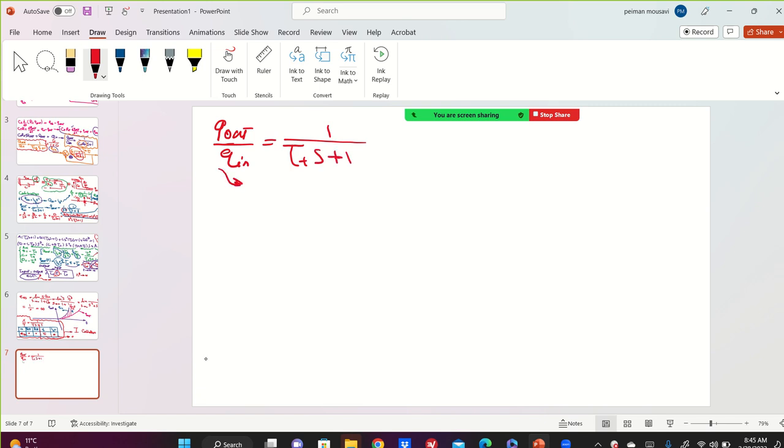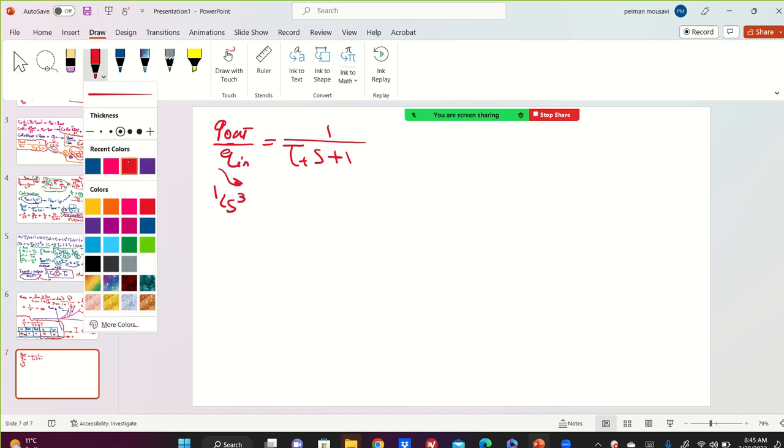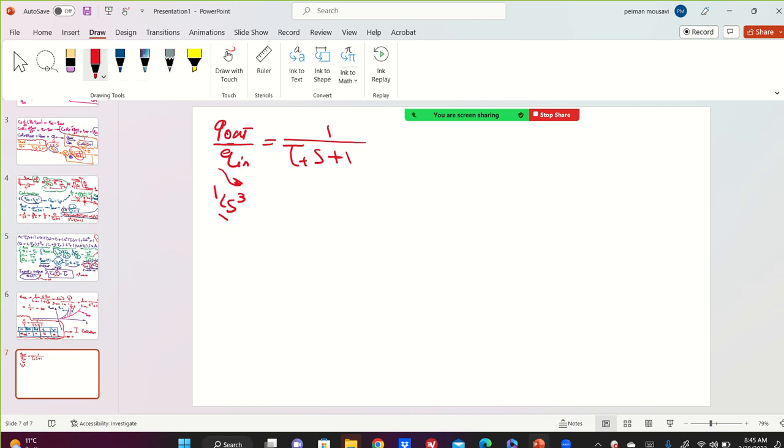As this is 1 over S cubed and MATLAB has no command except step, you can write this as 1 over S squared times 1 over S. And I taught you 1 over S is which kind of input to the system? We did it together at least 2 times. What kind of input to the system? Unit step.